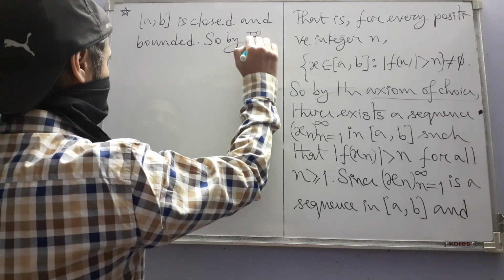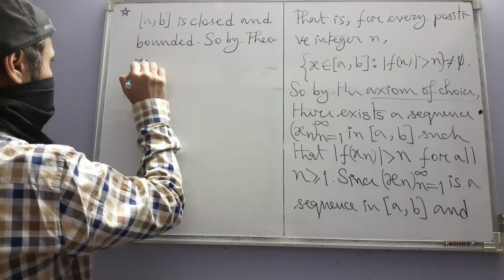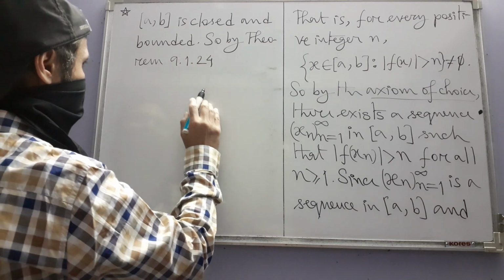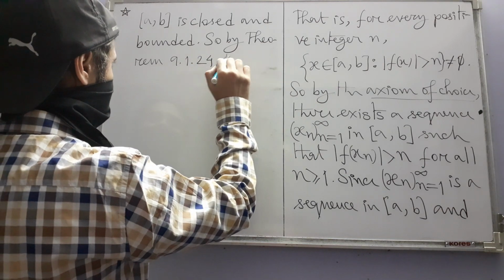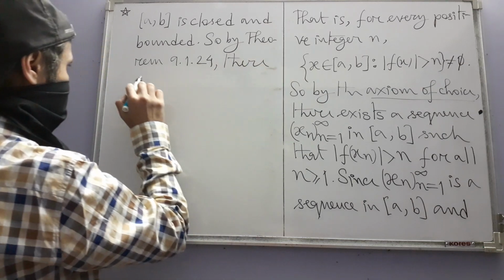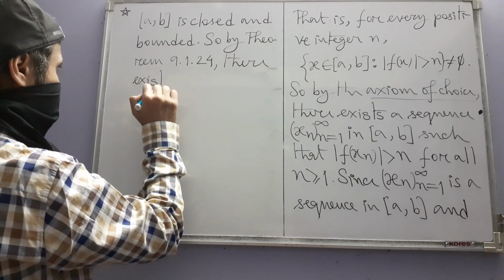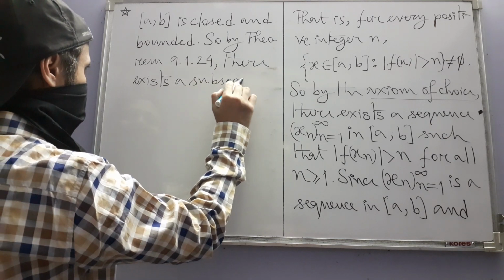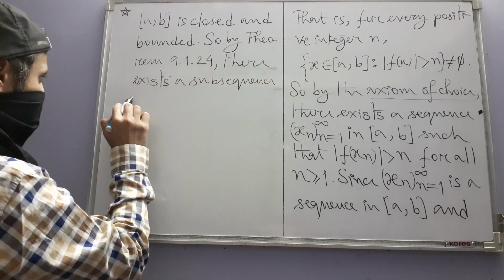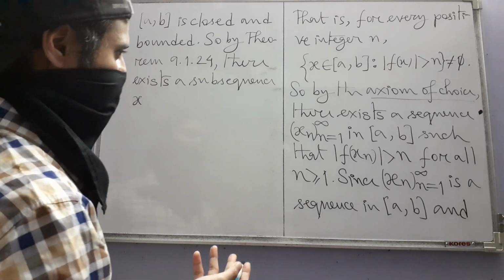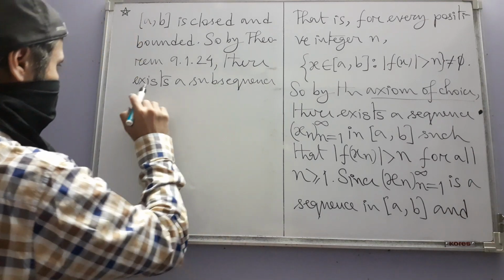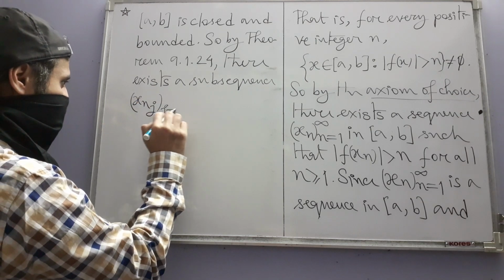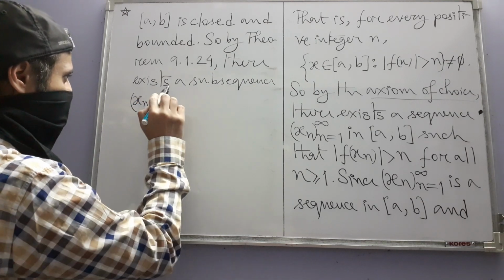So by theorem 9124, or in other words, the Heine-Borel theorem, there exists a subsequence. I'm writing everything now, but sometimes it's nice to write, and sometimes writing really makes things boring.